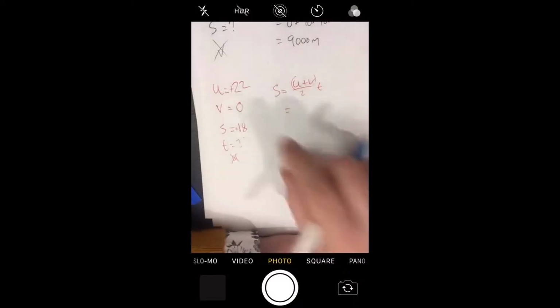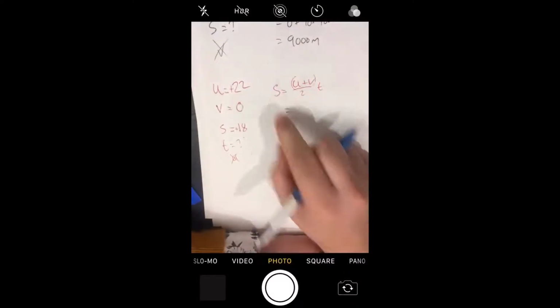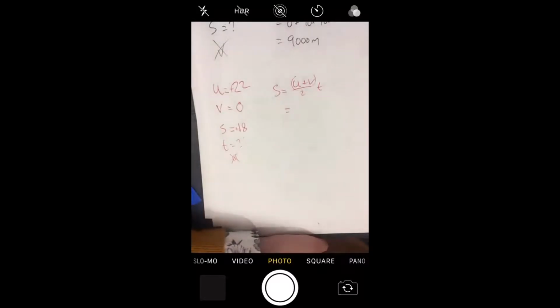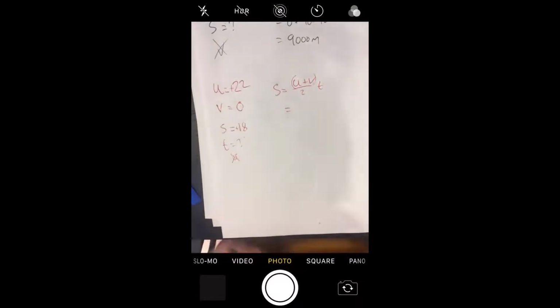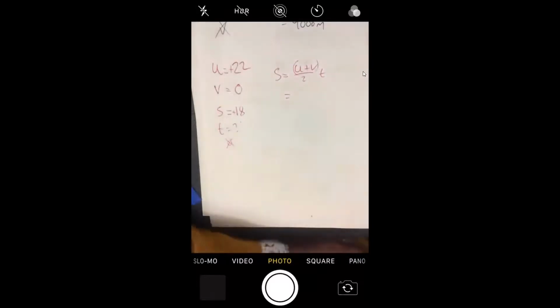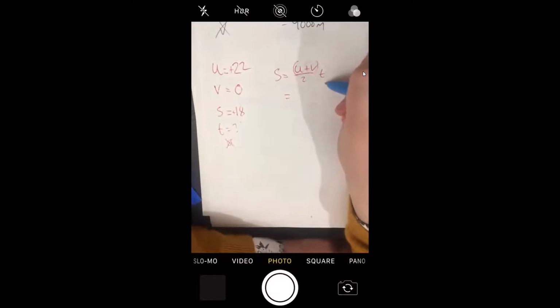Question, does this one need to get rearranged? Yes. It does, because what we want to calculate is t, and t is on the wrong side. So how do we rearrange this?